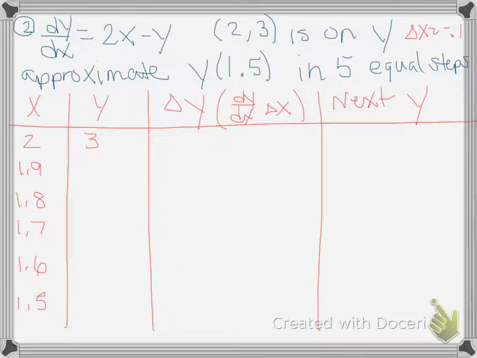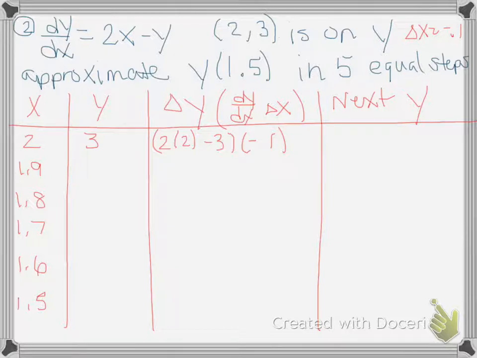Right? In the first step, I always like to just write out so you guys can see where we're getting these values from. 2x minus y, plugging in the values here, and then times negative 0.1.